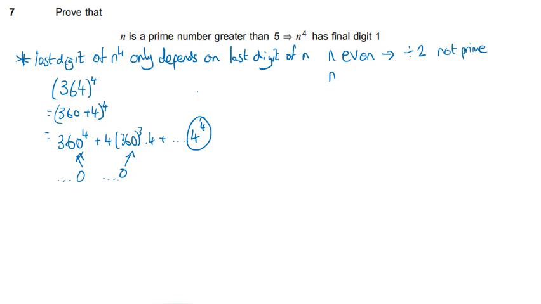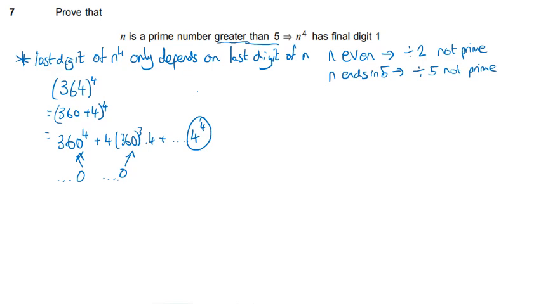Of course, 2 itself is prime, but we're also told that the numbers are greater than 5. If n ends in 5, then it always divides by 5. So again, that's not prime. And again, the only number that's true for is 5 itself, but we're talking about numbers greater than 5.